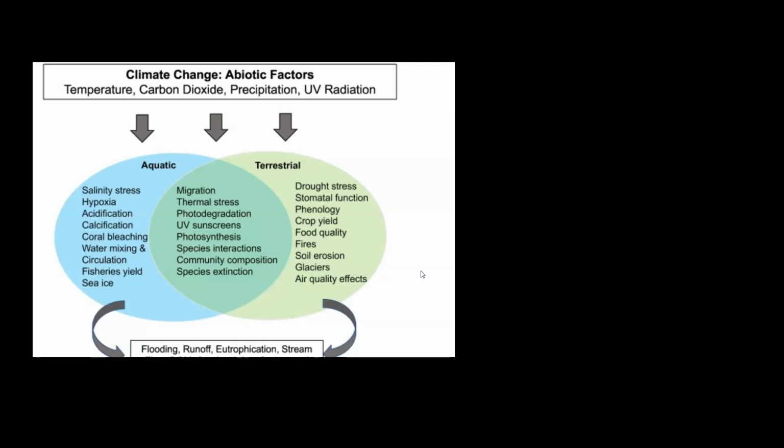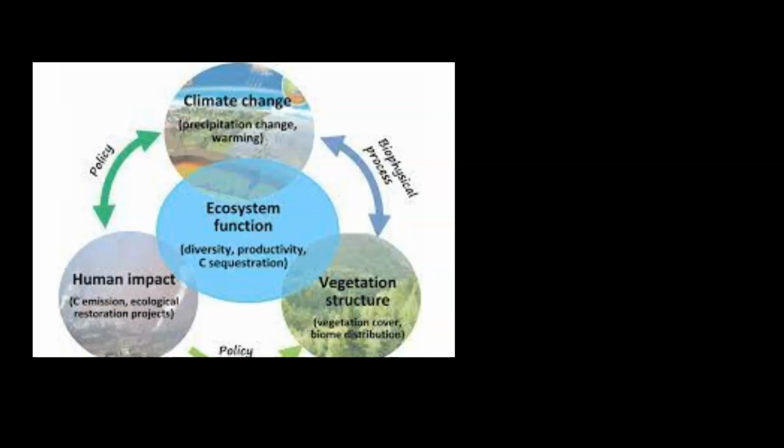And as we look at every level of organization of an ecosystem from the cellular up to the entire globe, we can study the impact of an increased temperature. So this is a nice summary looking at how ecosystems function.